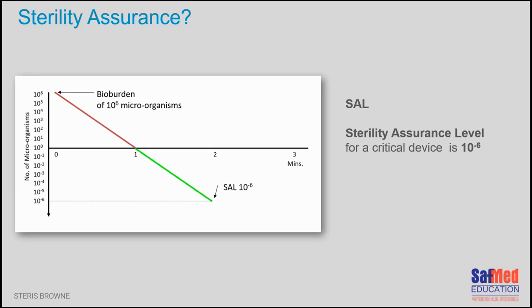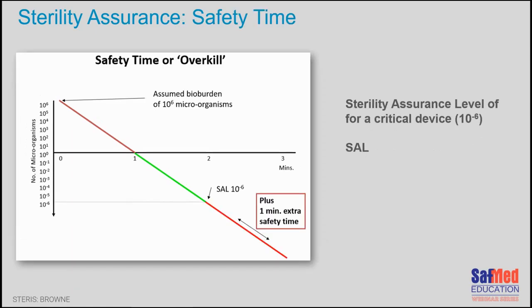But the guidelines actually ask for even more. They ask for safety time or an overkill time. That means we add another minute to our process over here so that at the end of the day, we end up with a sterile device. And of course, as we said, that's our goal. So the point is that sterility assurance is more than just popping an item into the autoclave and assuming everything's going to be fine.